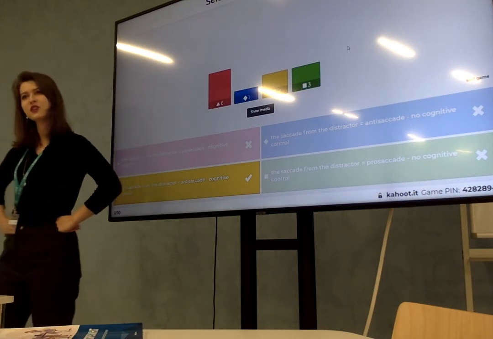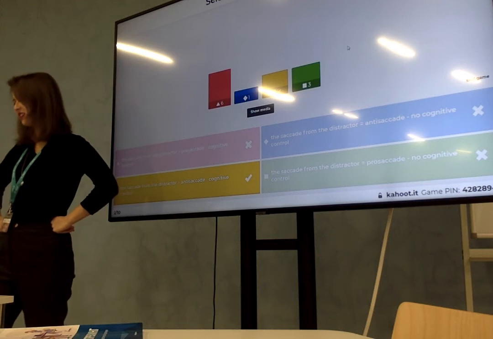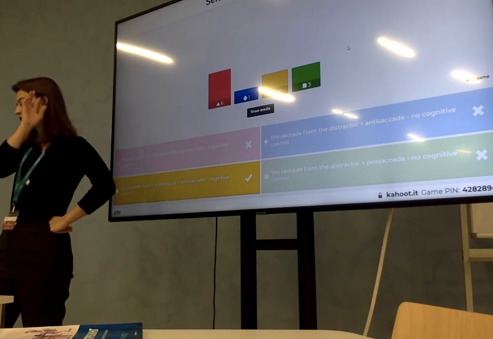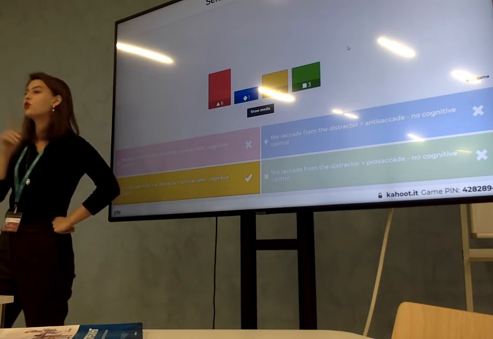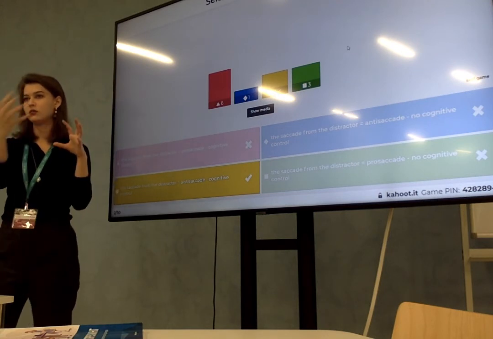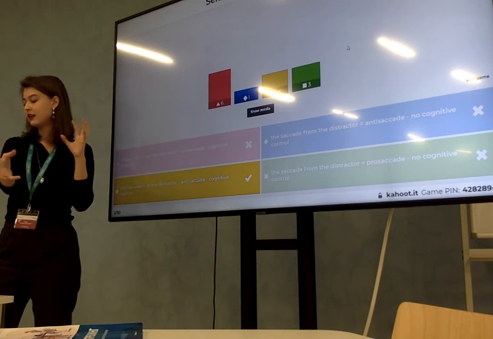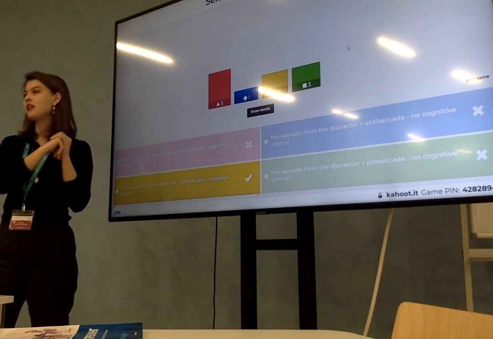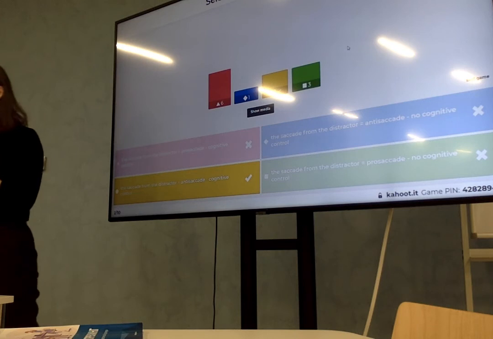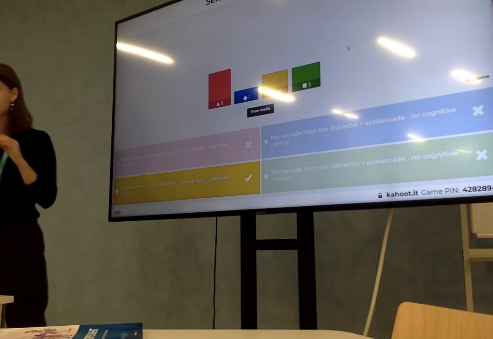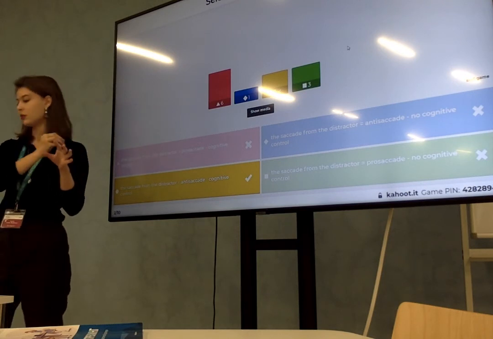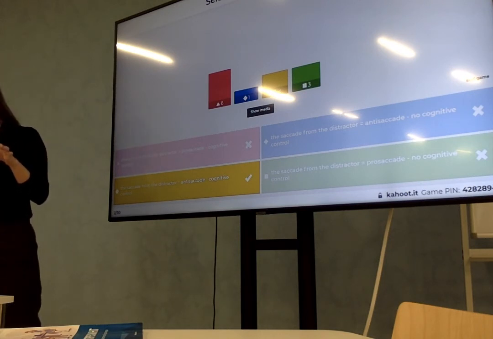Who was listening to me? Huh? Only 3 correct answers. Okay, so once again, when we have the saccade from the distractor, we remember that we're not supposed to look at it, but then we did. So this saccade is called antisaccade, and it requires cognitive control. So when we moved first, there was no cognitive control, but now we have to make ourselves look backwards. So it's called cognitive control. Okay.